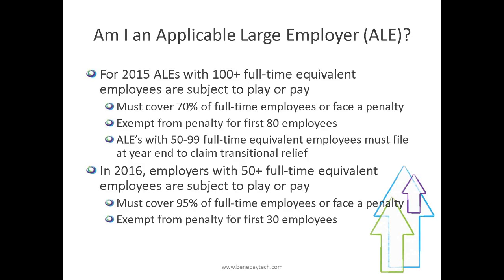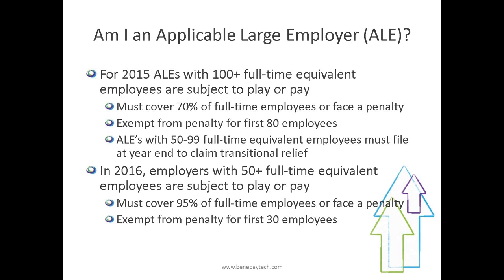For 2015, applicable large employers with 100 or more full-time and full-time equivalent employees will be subject to play or pay. Play or pay means offering eligible full-time employees affordable health insurance, meaning the play portion, or paying a penalty, which is referred to as pay.